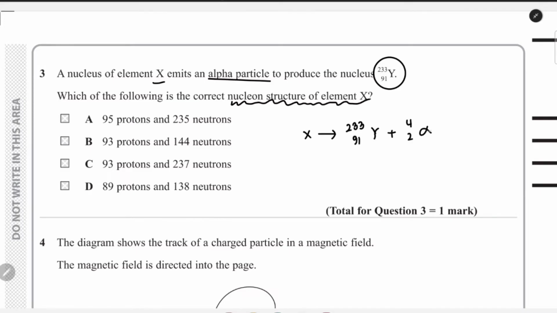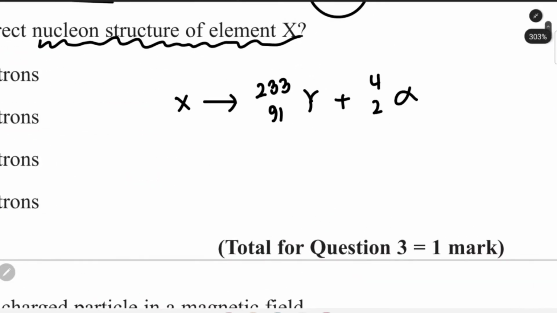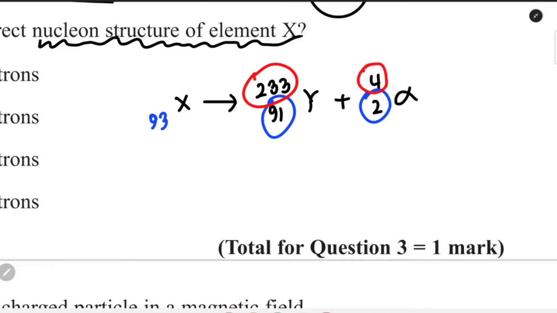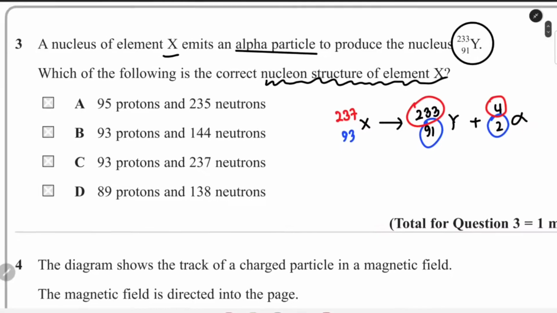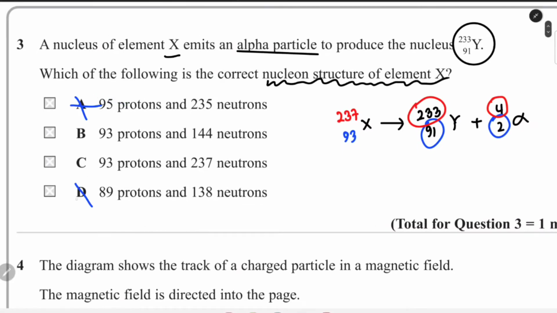So this is the equation. On the left hand side and right hand side, the mass number and atomic number will be balanced. So 91 plus 2 is 93. And on the top we have 233 plus 4, which is 237. So this is element X over here. The number of protons will be 93. So option A and D are out.